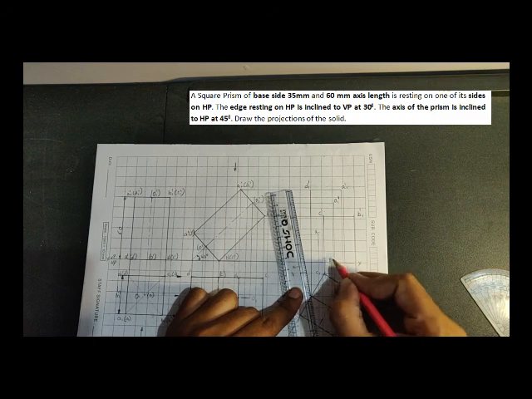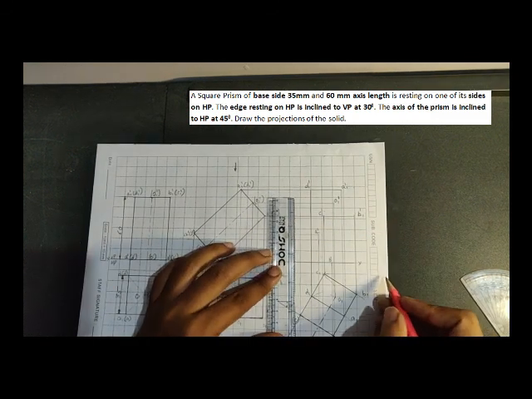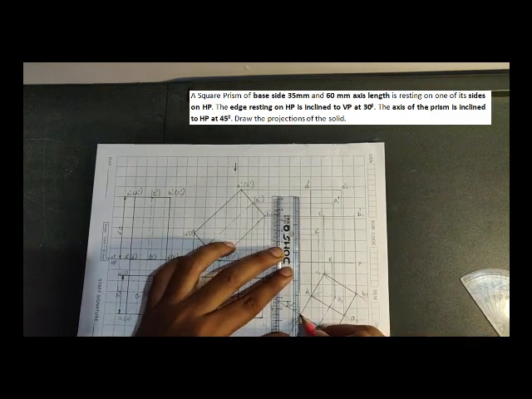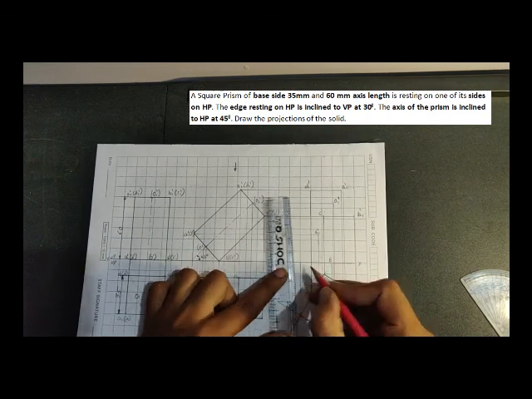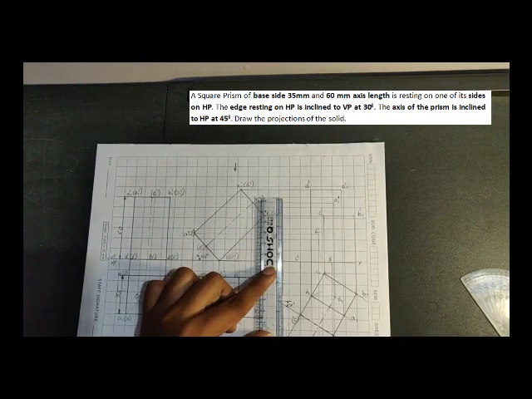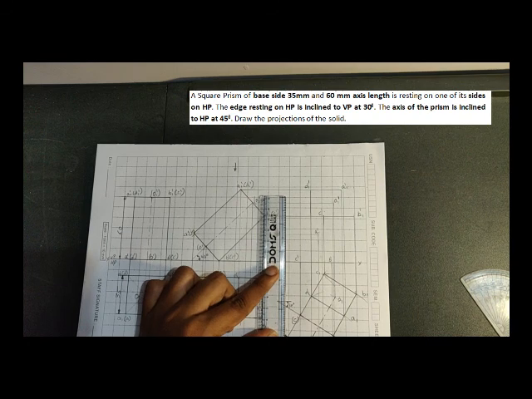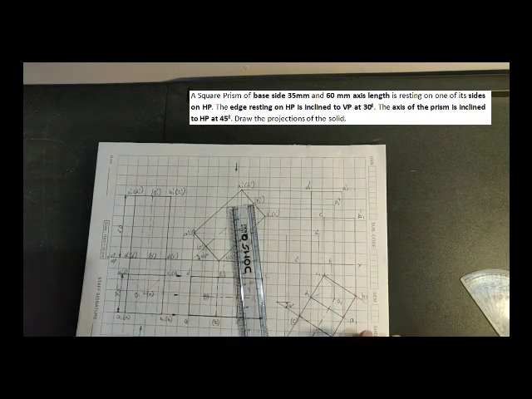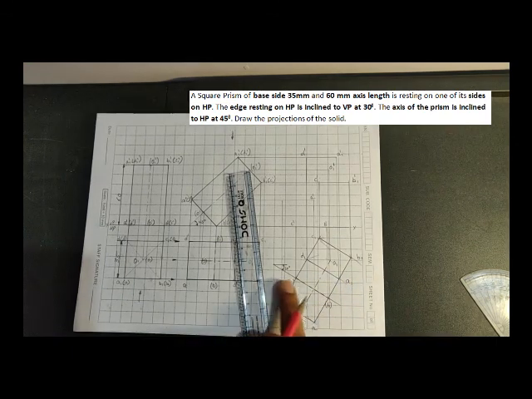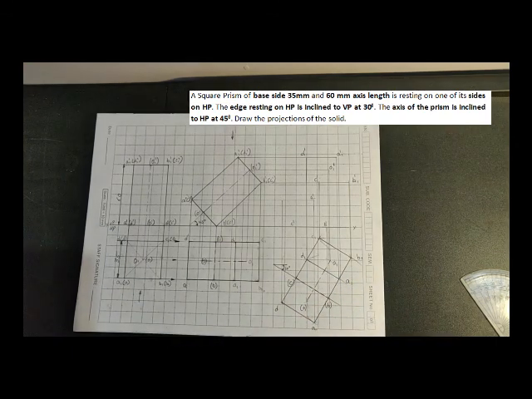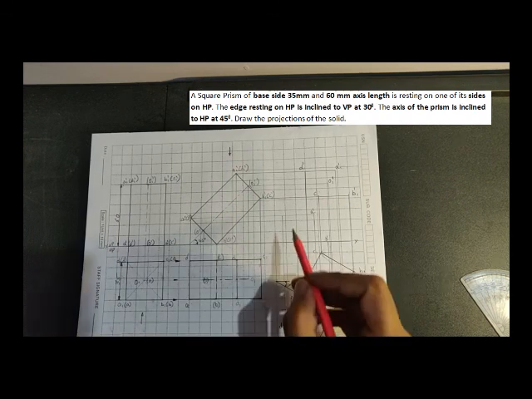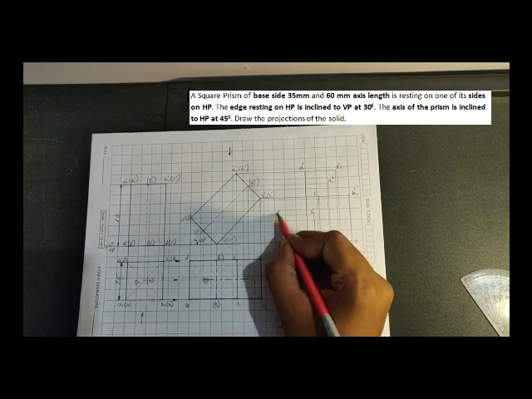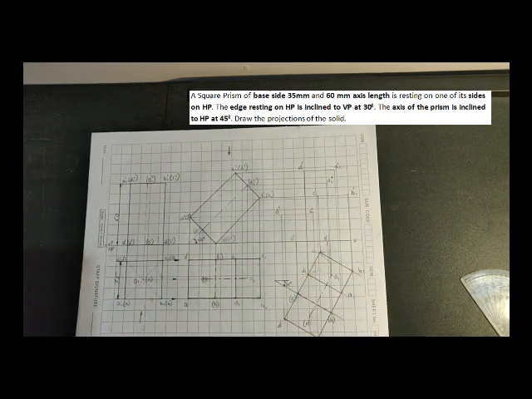So I name it B dash, A dash, B dash. Now C dash is here, so this becomes C dash, D dash is here, correct? So I have projected this bottom surface onto the front view here, D dash, right?